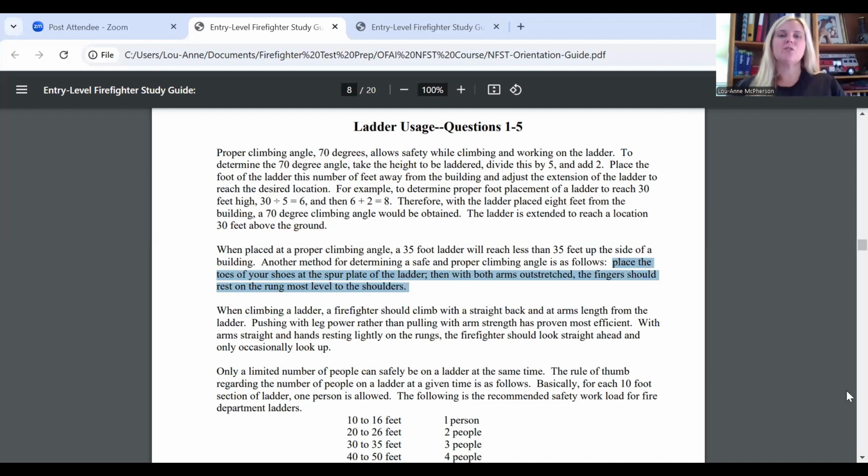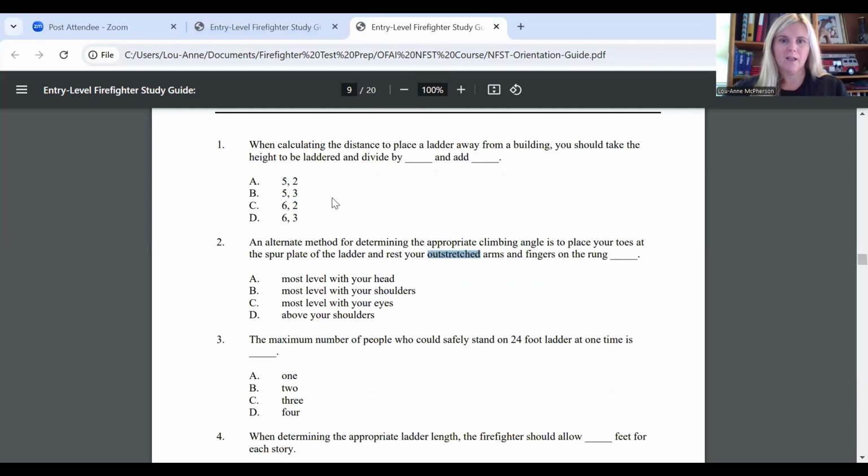Place the toes of your shoes at the spur plate, there's that word we were looking at, of the ladder. Then, with both arms outstretched, that's the key word we found, the fingers should rest on the rung most level to the shoulders. So the fingers should rest on the rung most level to the shoulders is what we are looking for in our answer options. The fingers on the rung should rest most level with your shoulders.